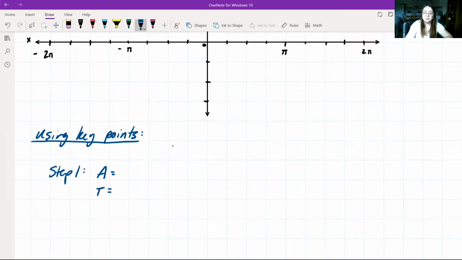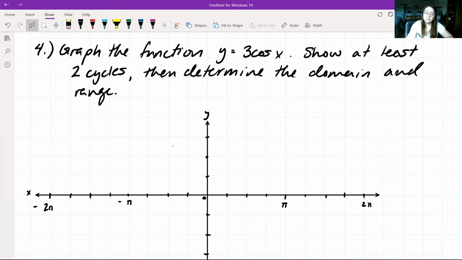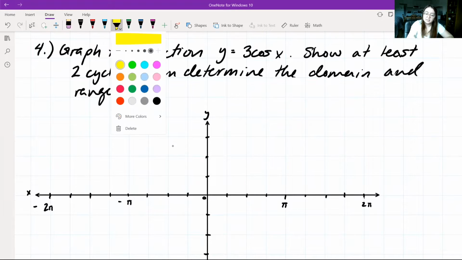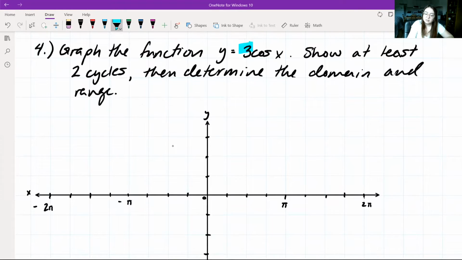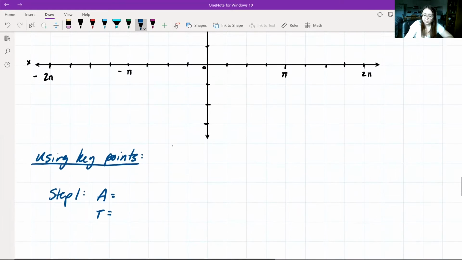So the amplitude is given to us by y equals, in this case, a cosine of omega x. And a, we see here, is equal to 3. So our amplitude, which we then take the absolute value of, is going to be 3.